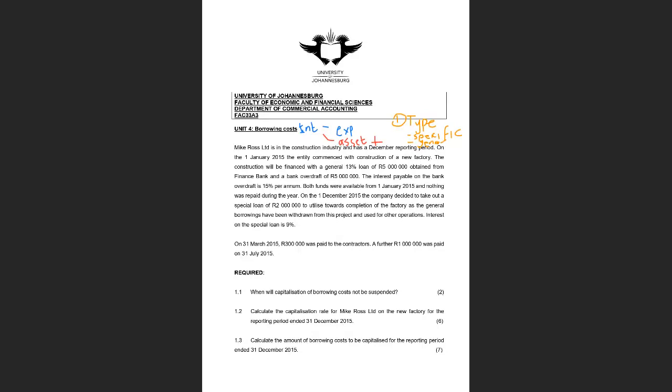Now, in order to determine whether a question is about specific or general borrowings, you need to understand what each type means. Does anyone want to try and explain to me what specific and general borrowings are? And then I will explain it thereafter.